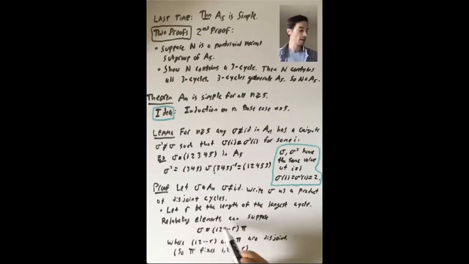So sigma is that one r-cycle times some permutation pi, where 1 up to r and pi are disjoint, meaning that pi is some permutation, but it definitely fixes the elements from 1 up to r. Now the argument is going to break into cases: when r is greater than or equal to 3, and then when r is 2. I'll pause and erase and then finish the details of this proof.